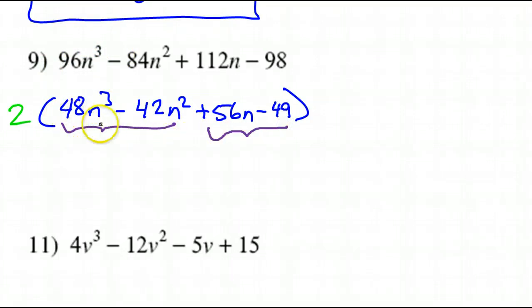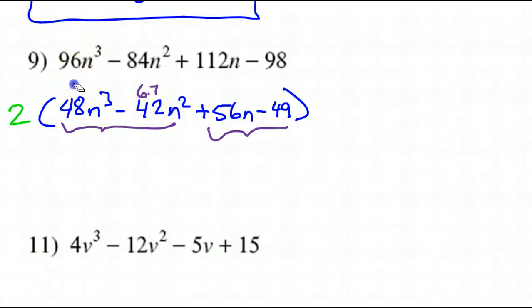Okay, now what's common between 48 and 42? Okay, let's see. 42 is 6 times 7, and 48 is 6 times 8. So both of these are divisible by 6.